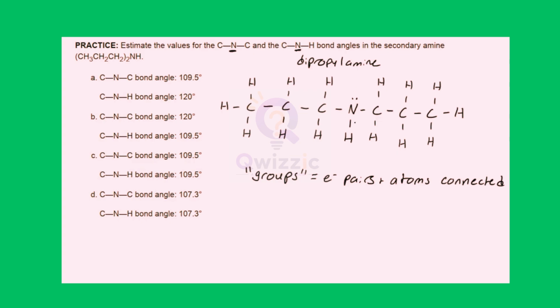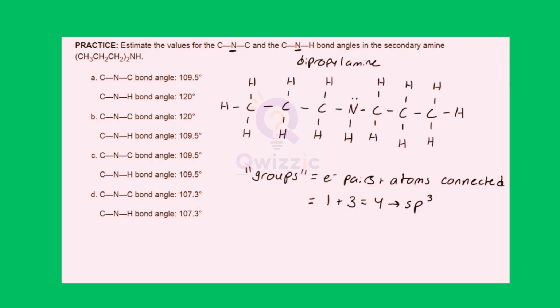So focusing our attention back on nitrogen, nitrogen has 1 lone pair, as well as 3 atoms connecting directly to it. This makes a total of 4 groups, which, if you recall, corresponds to sp3 hybridization.